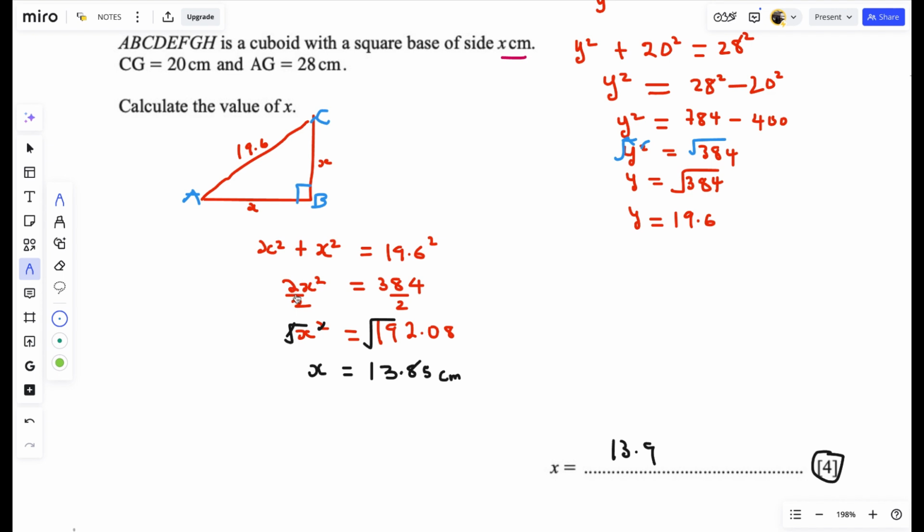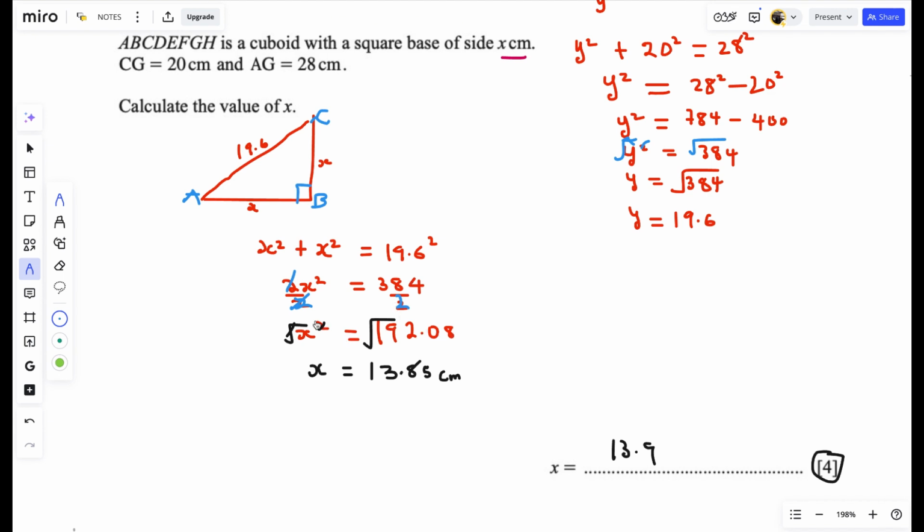Now we divide both sides by 2, because we have 2X square, and in order to get only X square, we divide both sides by 2. We get 192.